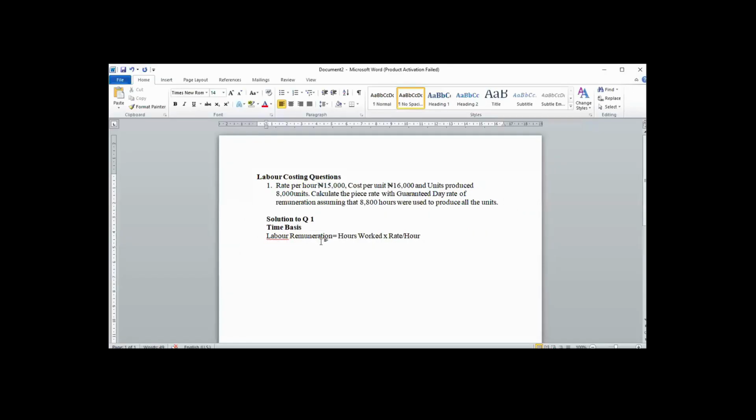Did you get it correctly now? Hours worked times rate per hour. Is it cleared? So this is labor remuneration in time basis, right? Hours worked times rate per hour.